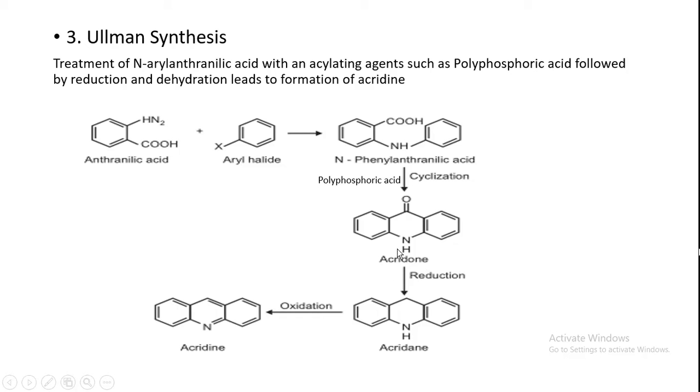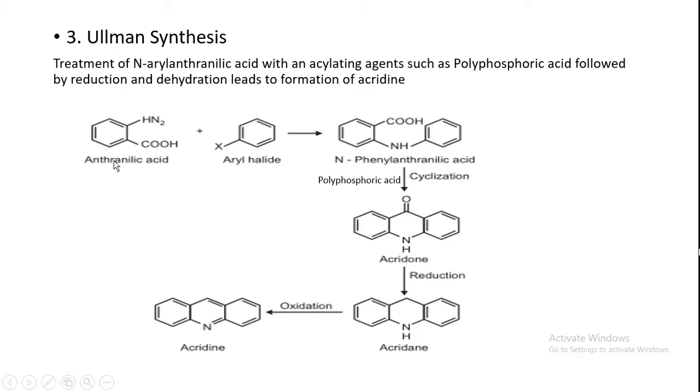Then you do reduction of this acridone, so the reduction of this C double bond O takes place, and it will form acridine. After that you do oxidation, that means removal of hydrogen. From N one hydrogen will be removed, and from here one hydrogen will be removed to form acridine. So how can you prepare this N-aryl anthranilic acid or N-phenyl anthranilic acid?